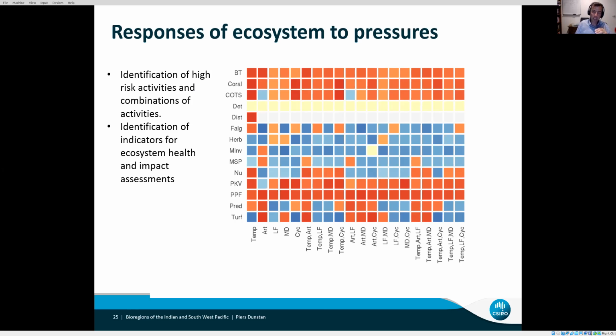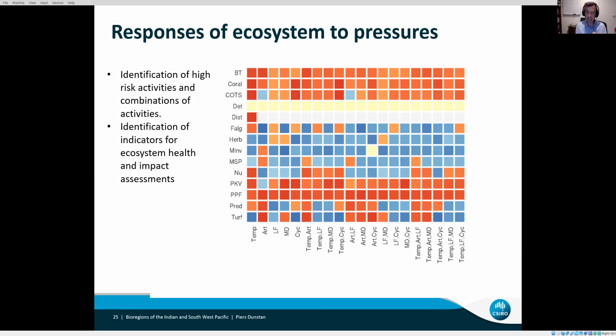So you can see here that artisanal fisheries affects a whole heap of different things. It affects corals. Artisanal fisheries is the second column from the left, and it impacts predators, turf algae, pelagic filter feeders, and corals.